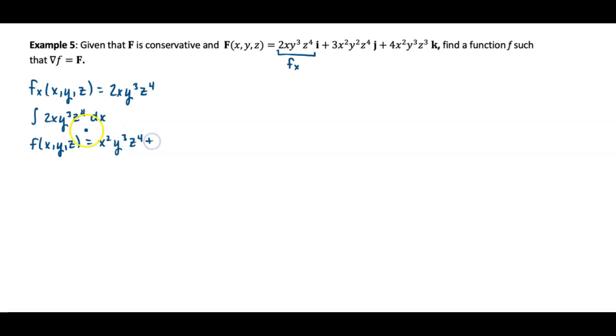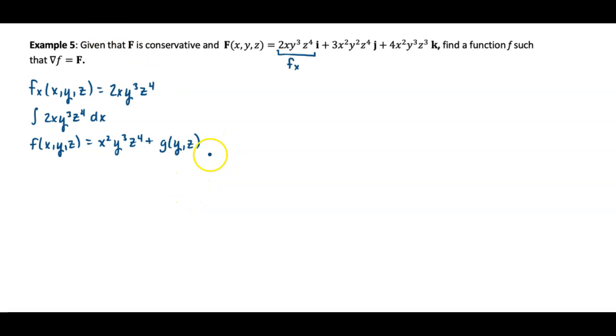Of course, I've got my constant of integration, and because when I take the integral with respect to x, I'm treating y and z as constants, I'm just going to call this constant g of y comma z.